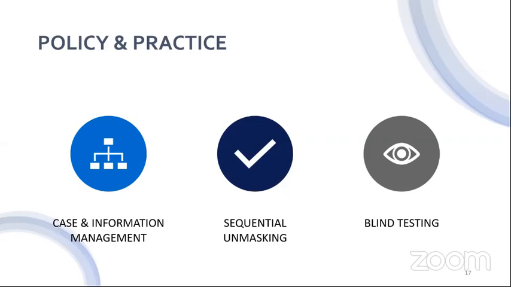But these aren't the only policies and practices that you can build inside your systems. As I mentioned on the prior slide, we talk about quality system duties. So a duty to report, a duty to be professional and maintain your competency in order to perform your job duties as a forensic scientist within your laboratory.